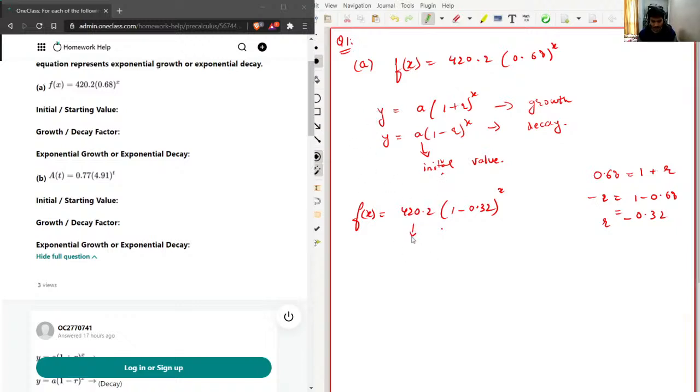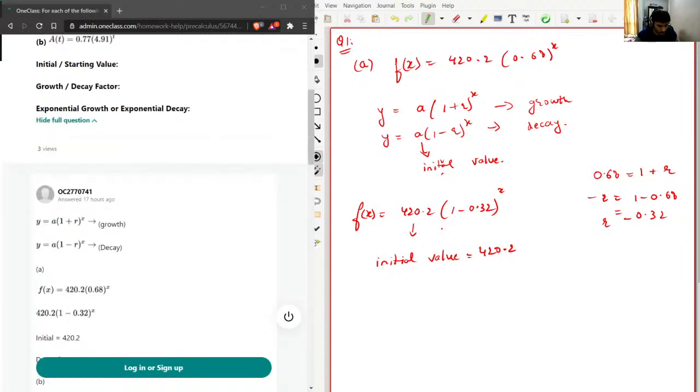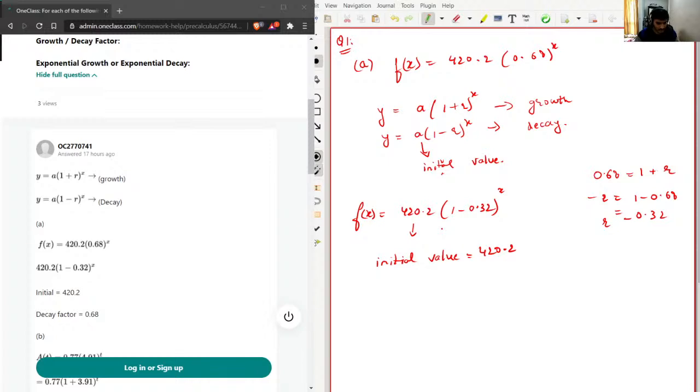Now we can say the initial value is 420.2, and it is obviously the decaying function. The decay factor is going to be the number inside this bracket, so the decay factor is 0.68 here.